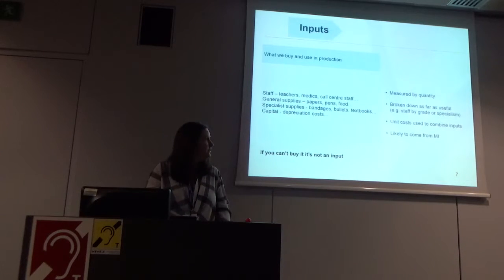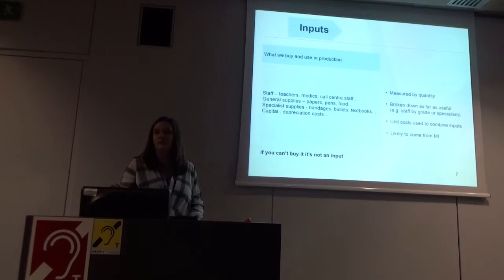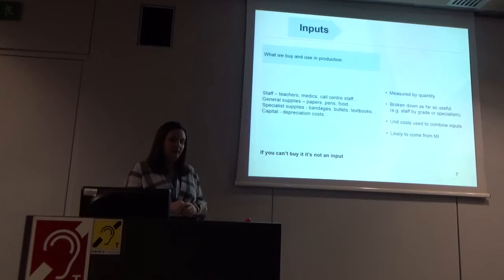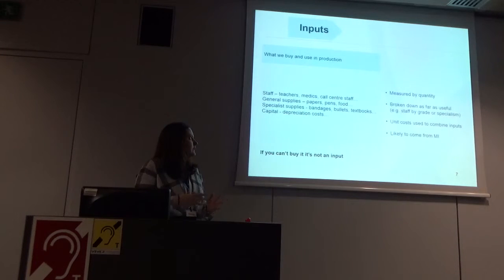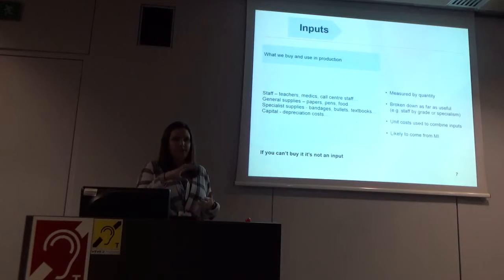So, to go through them each in a bit more detail, the spend, as Cody said, has already been covered, so I'm not going to talk about that. Just to talk about the inputs. For all of the departments, it's likely that you will split your inputs into three categories, and there might be subcategories within them. You've got your labour, so your staff, and then what used to be called intermediate consumption, and I'm not quite sure what the term is at the moment.